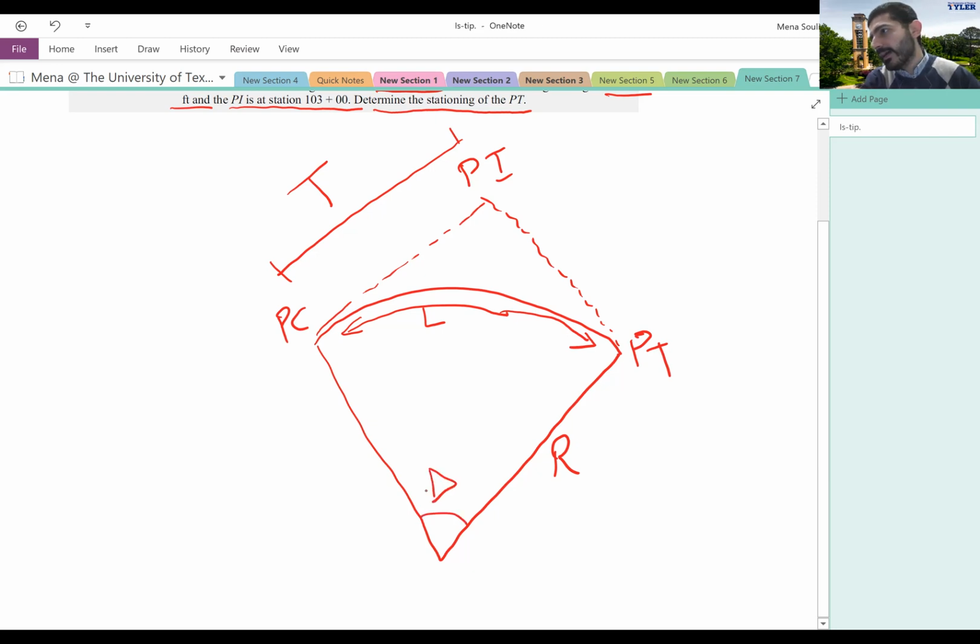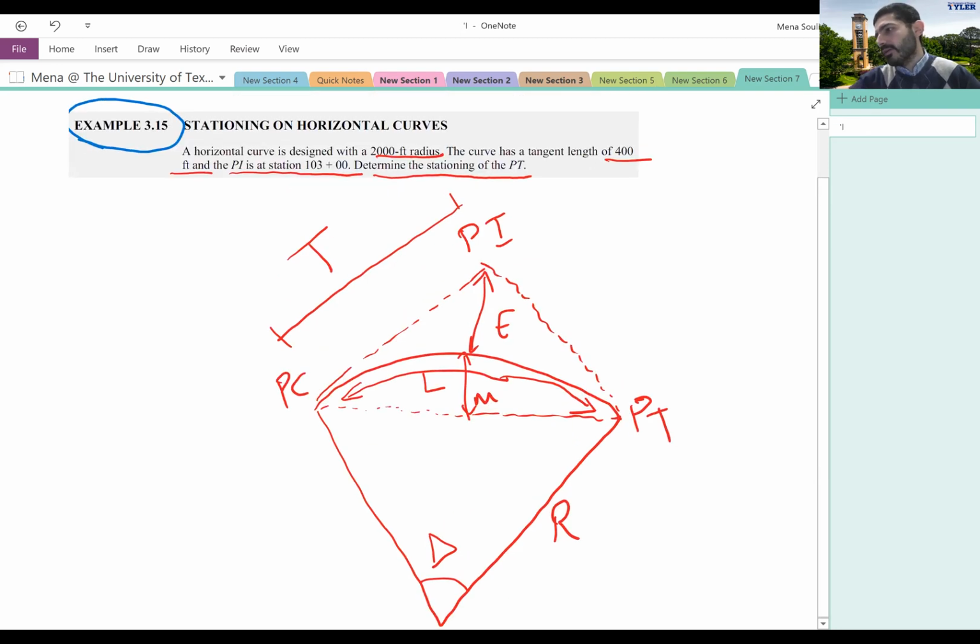And then if I want to draw a horizontal line here, this distance is what we call M, the middle ordinate, and the E, which is the external distance. So now what I was given in this problem is the T. The T is 400 feet.